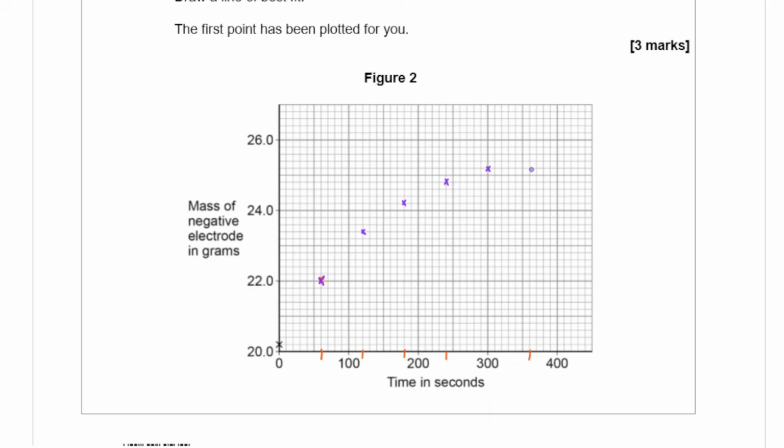And 360 is 25.2 again. So the line needs to start there. There you go. That's your line of best fit.